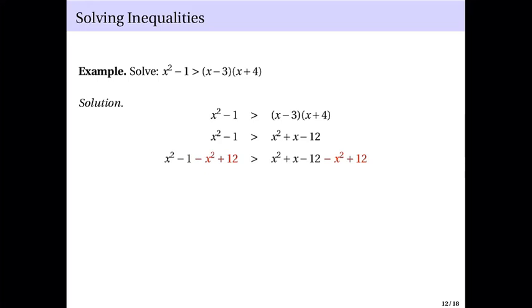The x squared cancels the negative x squared on each side, and then we have negative 1 plus 12, and the negative 12 will cancel the positive 12.